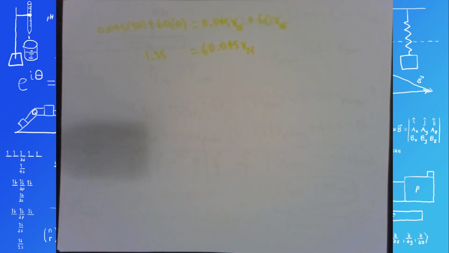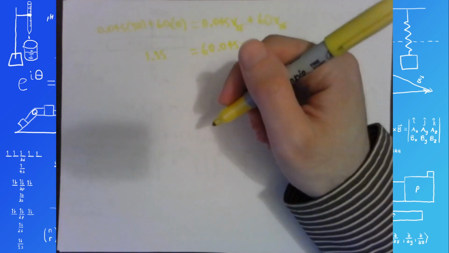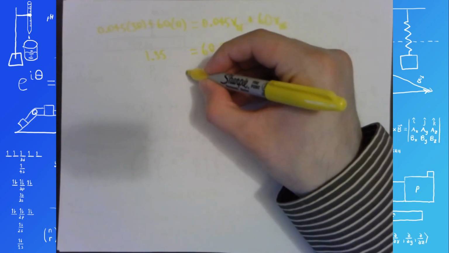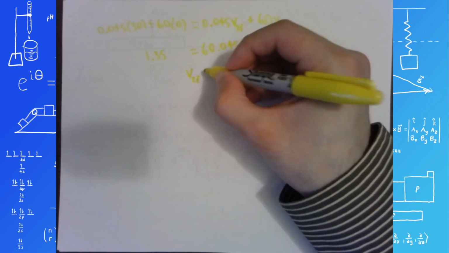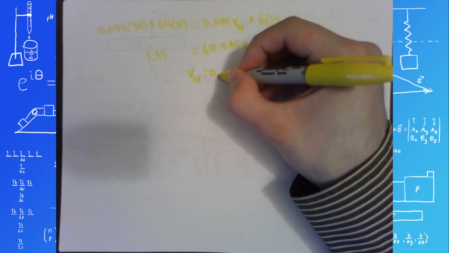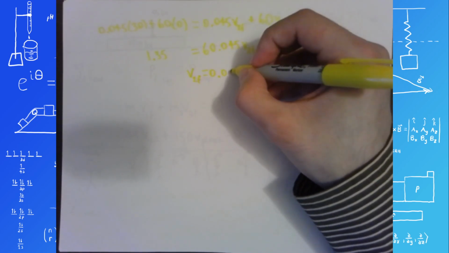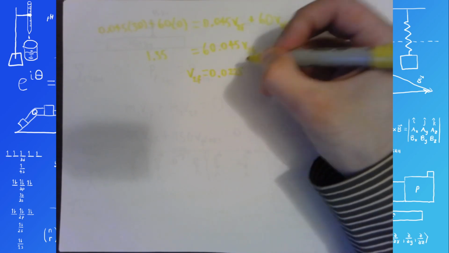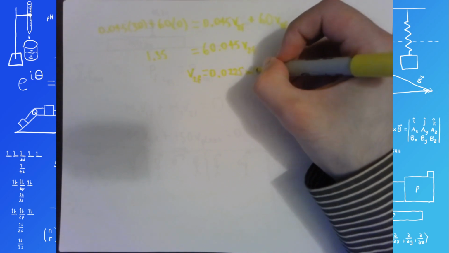And if I do 1.35 divided by 60.045, I get 0.0225. V2 final is 0.0225 meters per second.